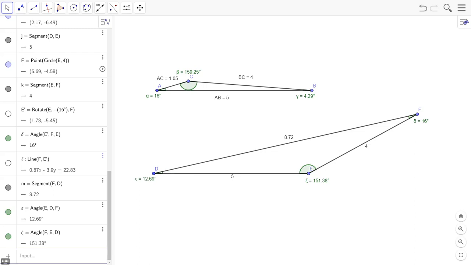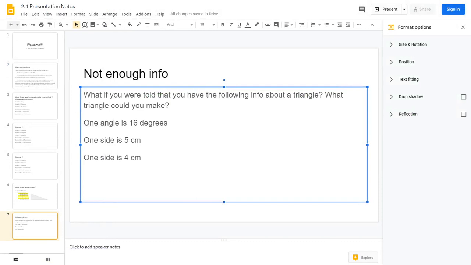If we have two sides and an angle, we need to make sure we are 100% clear as to where this angle is. It would be a lot better to say one angle is 16 degrees, one side's 5 centimeters, one side's 4 centimeters, and that 16-degree angle is in between the 5 centimeter side and the 4 centimeter side.